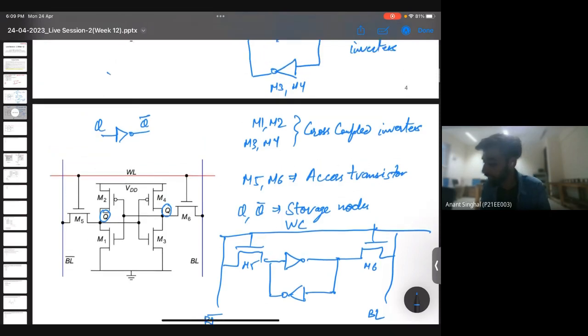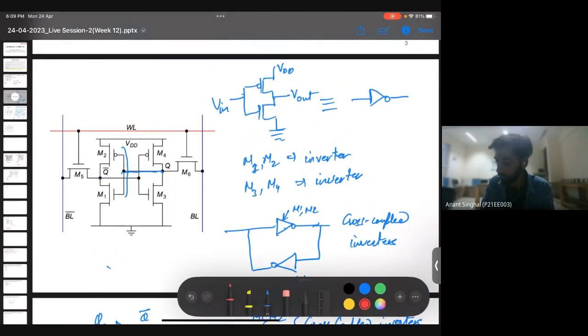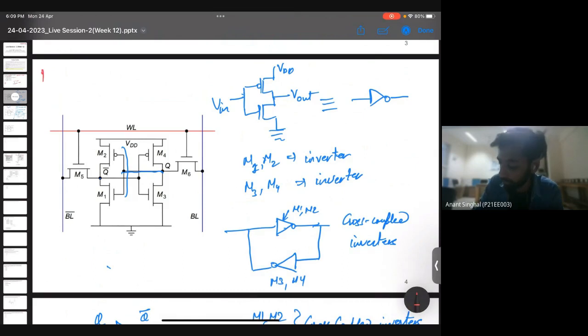So let me try to explain some of the operations. It has three operations basically. One is hold, one is read, and one is write. If I talk about the hold operation, in hold operation there is no read and write. What we do is just ground the word line.